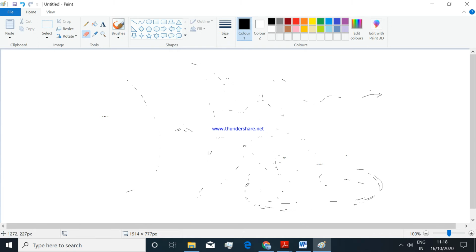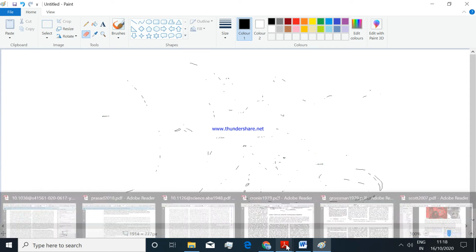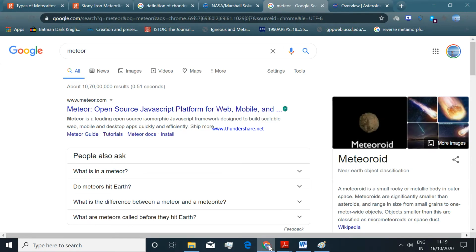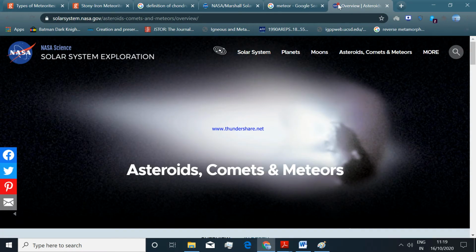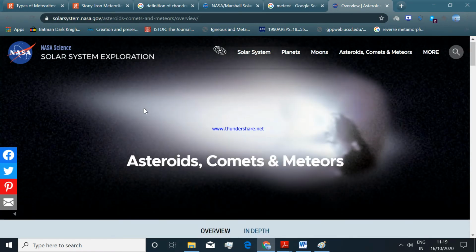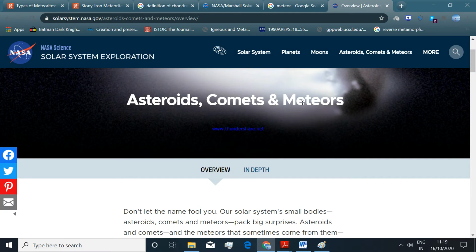The question is, how did we come to know that? From the meteorites, obviously, as I've been telling you. Now, nowadays we can see asteroids as well as comets as well as meteors.